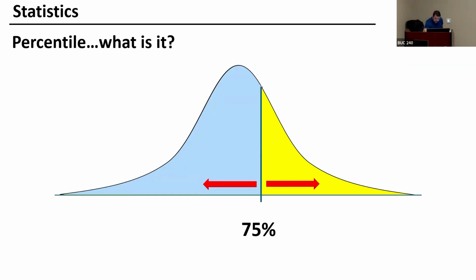It says, hey, this is where you scored, right here. So if you're looking to get into a college or a job or the military, and they say to get this job you need to score this percentile on this exam, that means you need to be better than 75%.